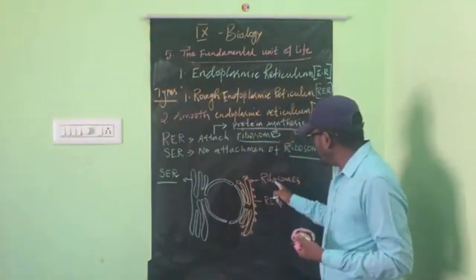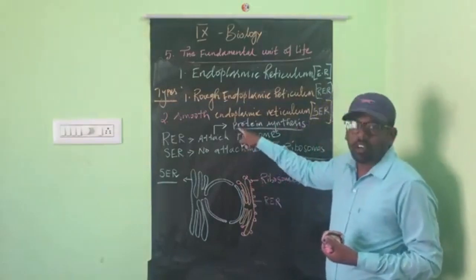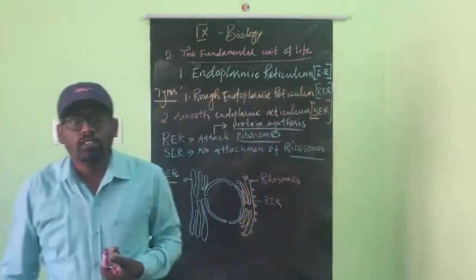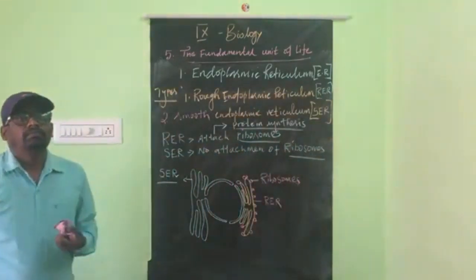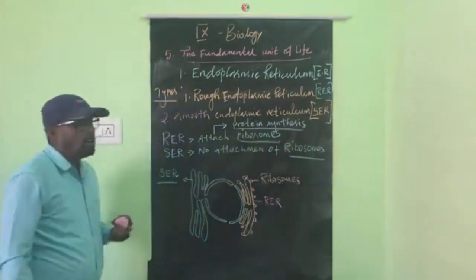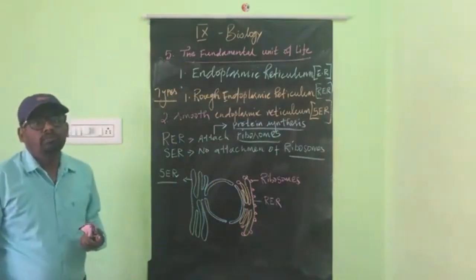When the ribosome is attached to the endoplasmic reticulum, it starts to synthesize protein. Very important one, synthesis of protein. So protein synthesis is carried out by rough endoplasmic reticulum.